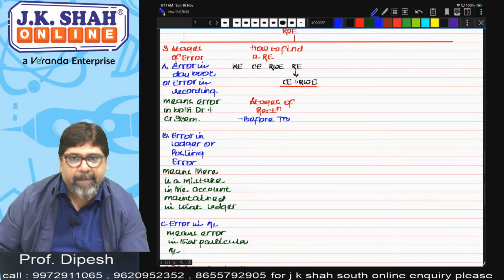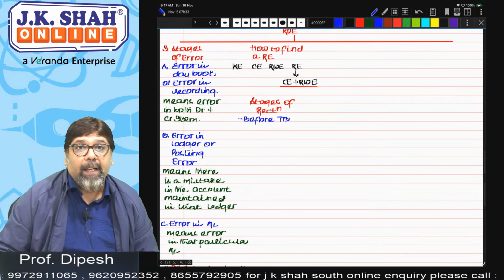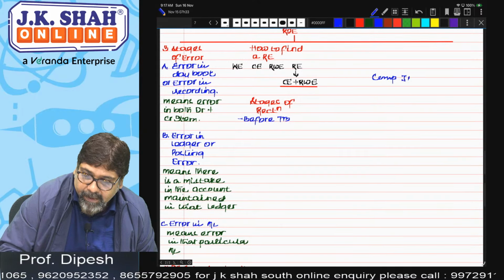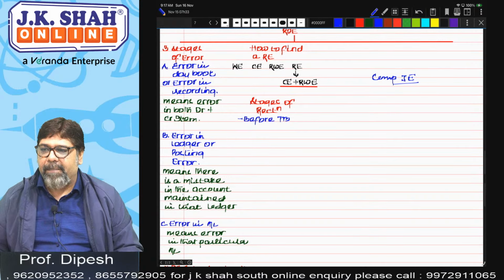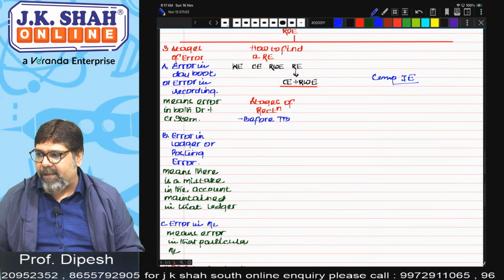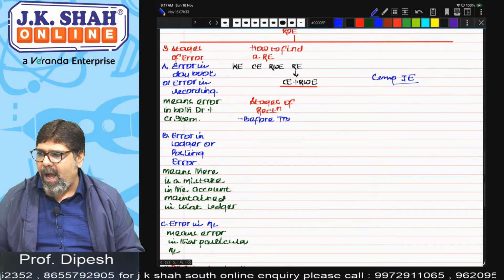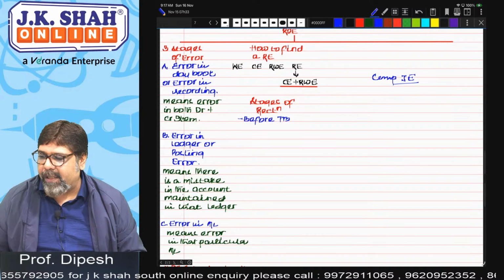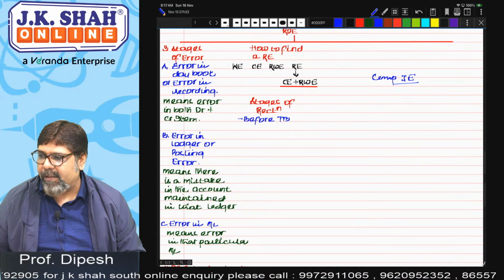Now, the rectified entry. What do you mean by a complete journal entry?